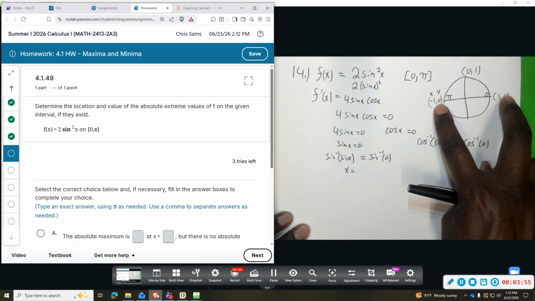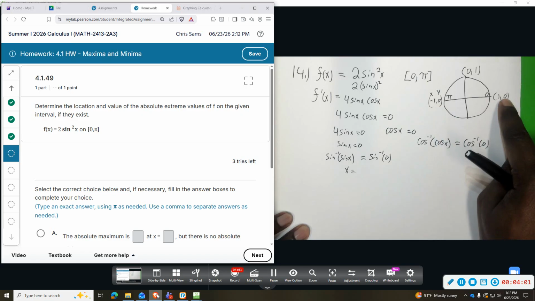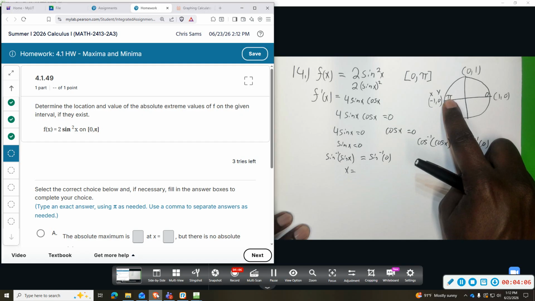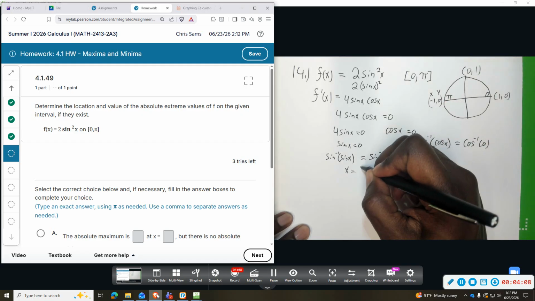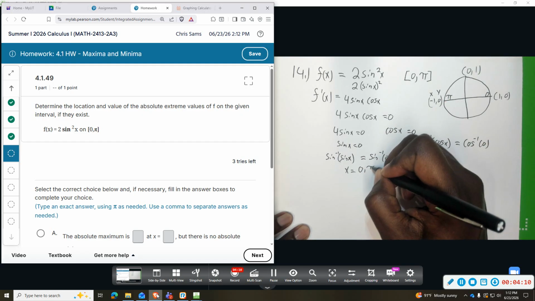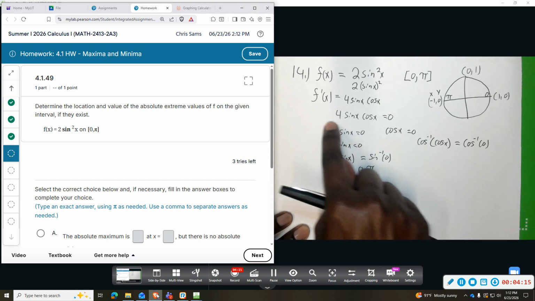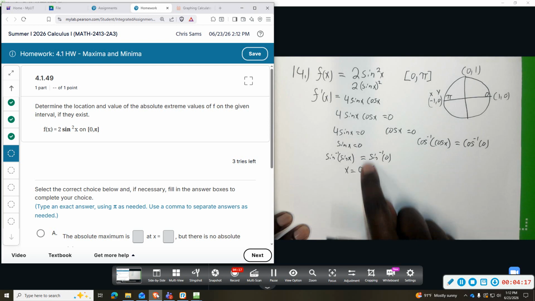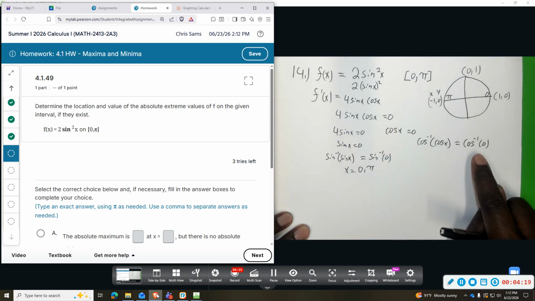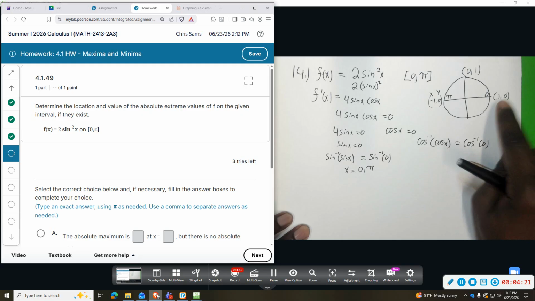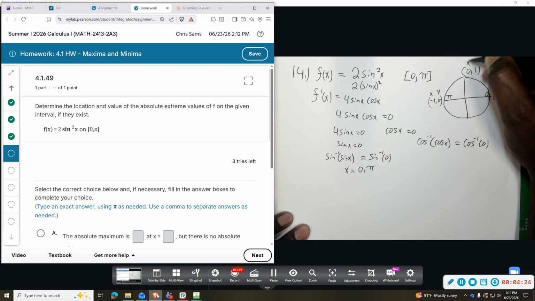There are two values that give us a sine of 0. That would be 0 and pi radians. So if x is 0, we get 0, or if it's pi, we get 0. And whenever cosine is 0, this is pi over 2.